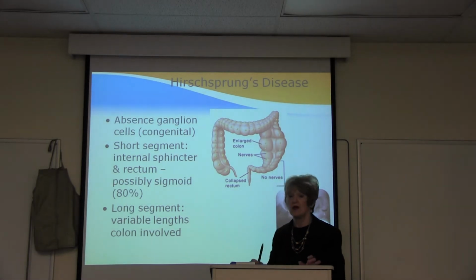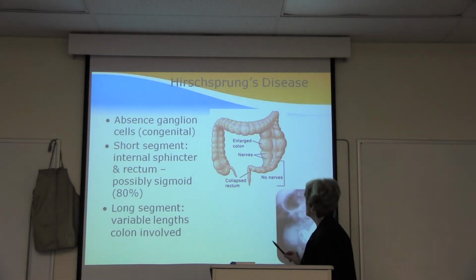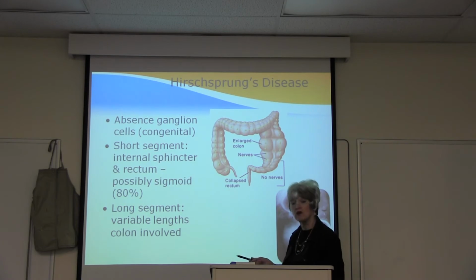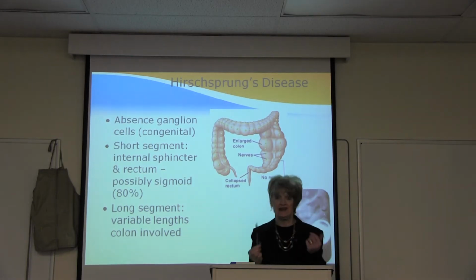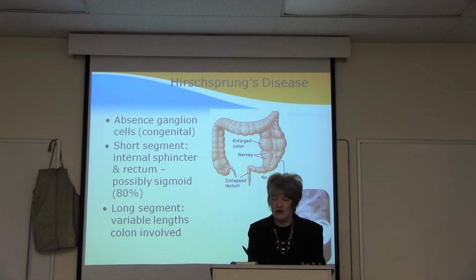They do not have any nerve endings, and that section of the bowel is not capable of peristalsis. Another way to look at it: if you have a child with Hirschsprung's, what will always be involved? Well, what's the very last section? The internal anal sphincter. What does the internal anal sphincter do?